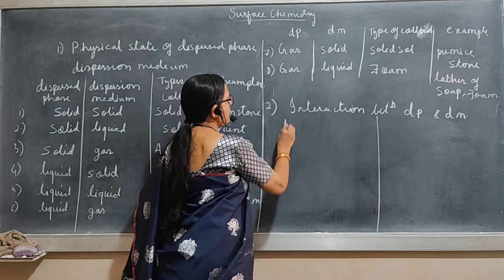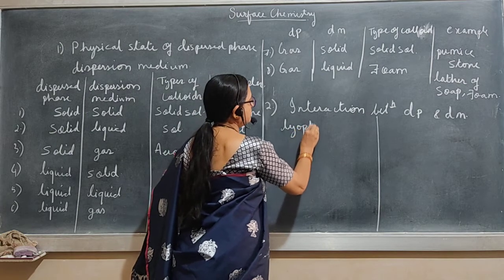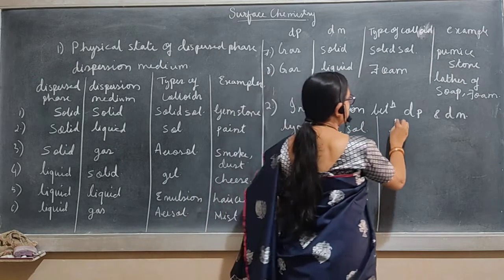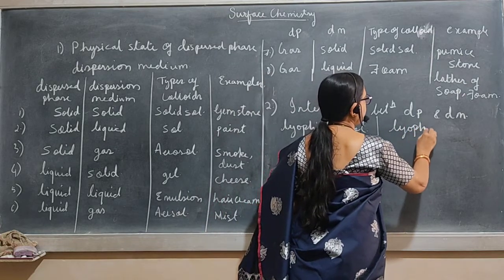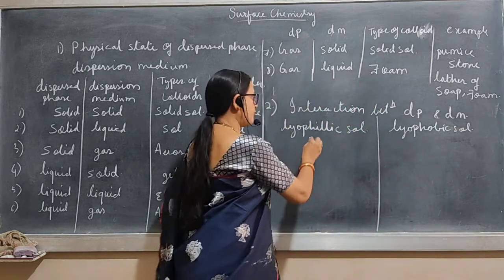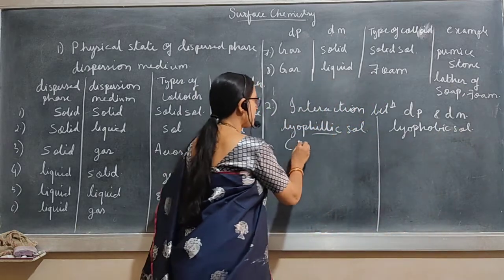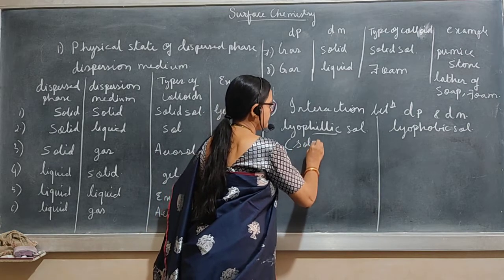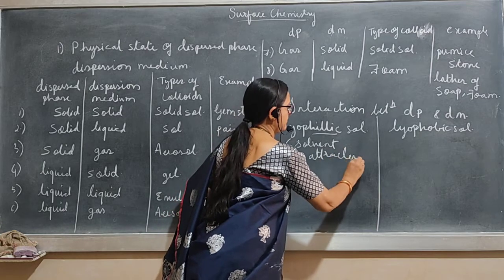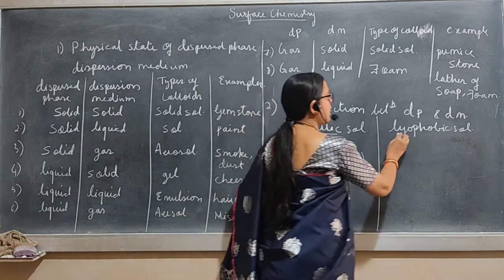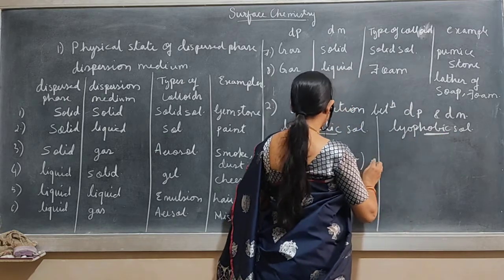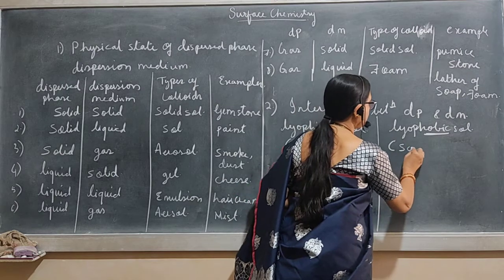One is lyophilic sol and another one is lyophobic sol. Lyophilic is also called solvent attractor, whereas lyophobic, phobic is nothing but fear here. So we can remember it as solvent repeller.